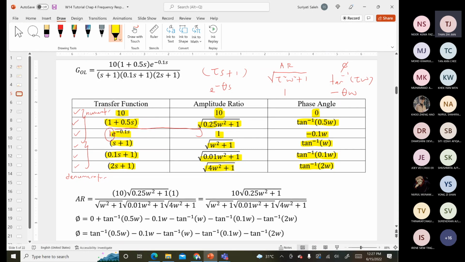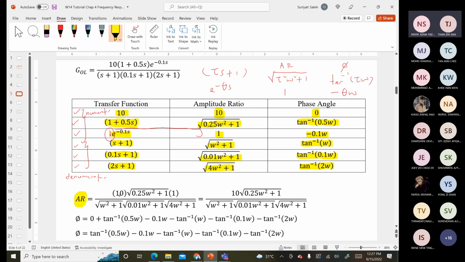So in this case, we have already converted all of the transfer functions into amplitude ratio and the angle. The next step concerns the combination of amplitude ratio and the phase angle. For the amplitude ratio, we just multiply all of the amplitude ratios we have.